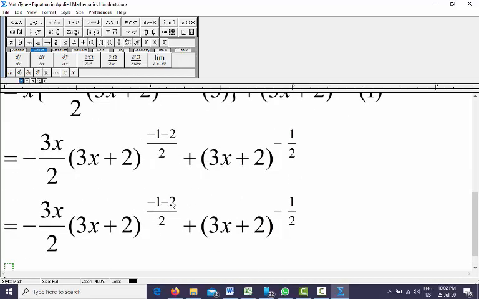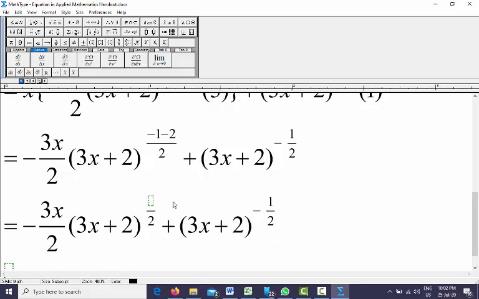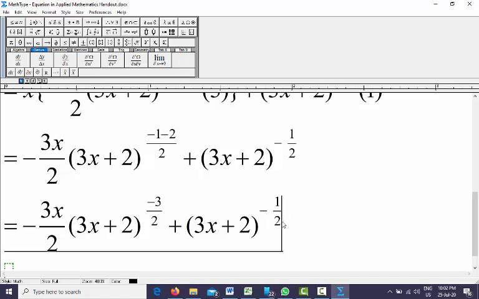So what we have here, minus 3 by 2. We have minus 3 by 2 here, and then we have minus half there. So now what will we do?